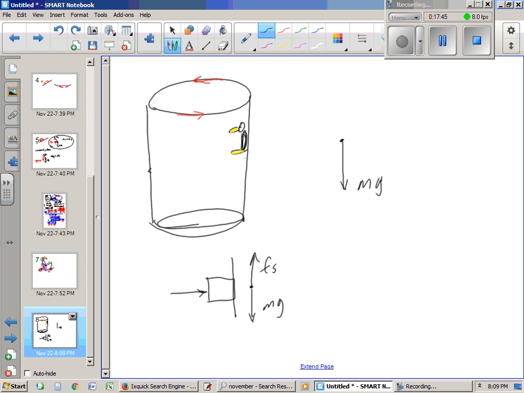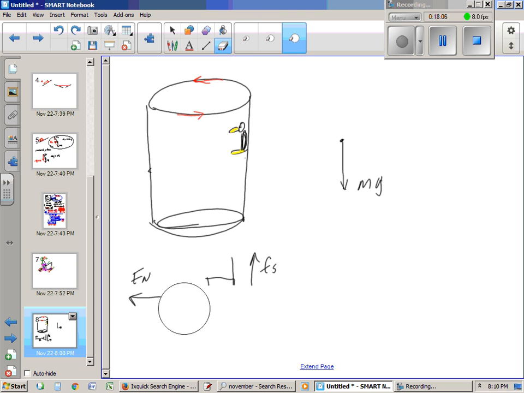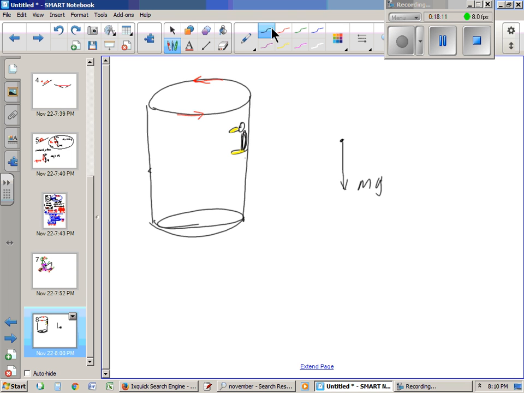The other thing that happened was when we put this applied force onto the block, we got a normal force back out from the wall. So that problem of the box trying to slide down the wall is a setup for this problem of the penguin being suspended on the wall. So let's get rid of that and do the penguin and the rotor problem.